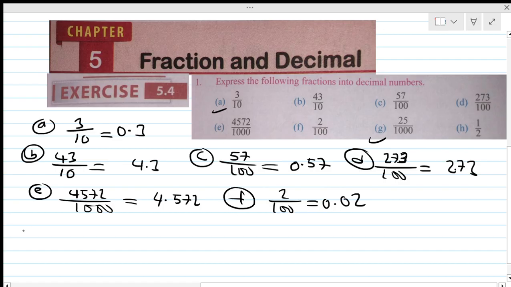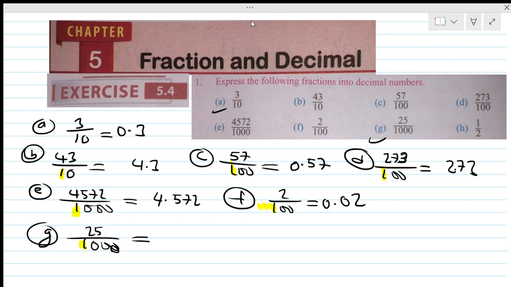And number G, 25 divided by 1000. Now you clearly see three zeros with 1000, and be very sure there must be a 1 in front. 1, 10, 100, 1000. So in front there should be 1, so it may be 10, 100, 1000, 10,000, 1 lakh, like that.